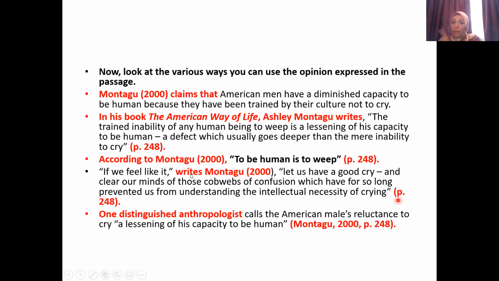So here, according to Montagu 2000, comma, and then the student quoted, "To be human is to weep," and therefore they put the page number between brackets. If you paraphrase, it's not important to put the page number, but if you quote, it's a must that you put the page number. Okay, you can also start with the quotation and then a comma inside the quotation, and then you write says Montagu 2000.